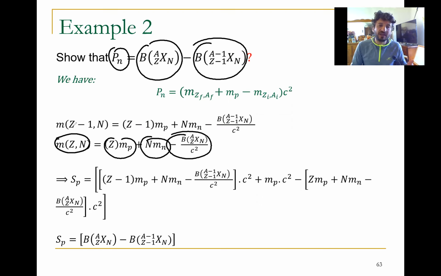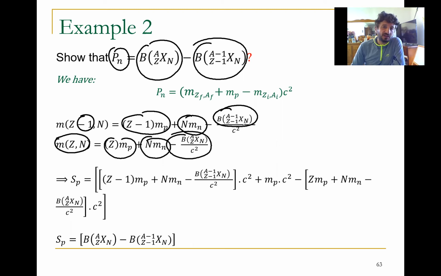Finally, we have m(Z minus 1, N). We lose one proton, so the total mass of protons equals (Z minus 1) Mp. The total mass of neutrons equals N Mn, minus the nuclear binding energy B divided by c square.